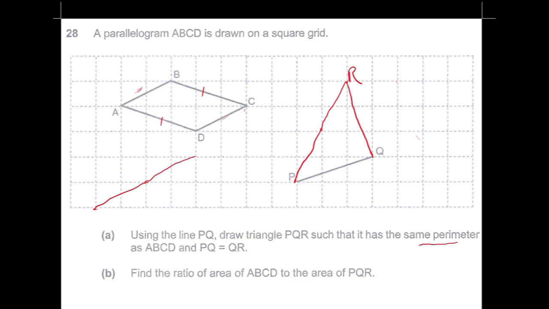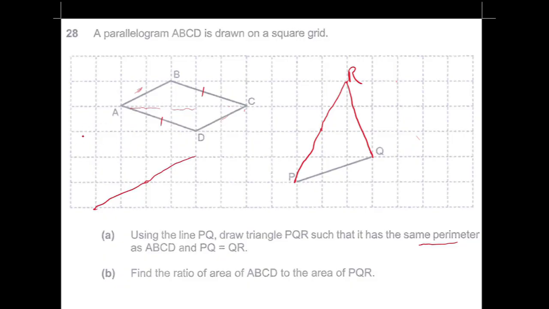Part B of the question: find the ratio of the area of ABCD to the area of PQR. So basically you need to find this area and find this area and compare the ratio. For this parallelogram, the easiest way is I can cut this into half. Here is one triangle, here is one triangle. I'll do my working here, but for you, you do your working below because I need the diagram to show you.